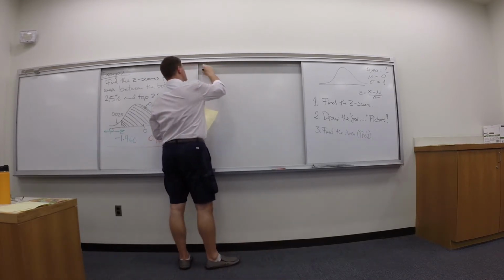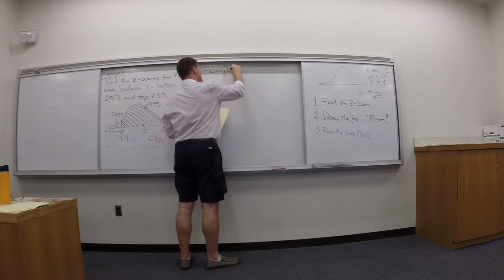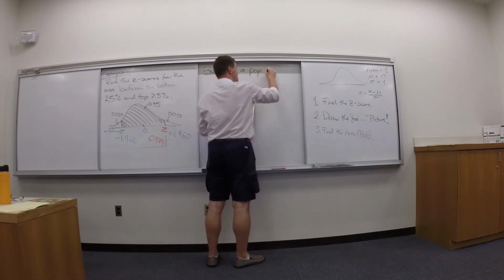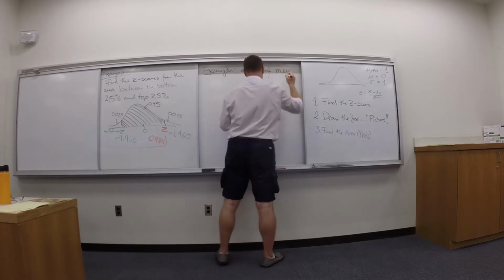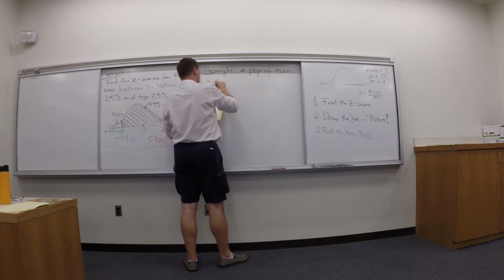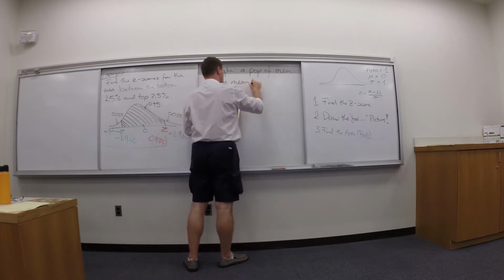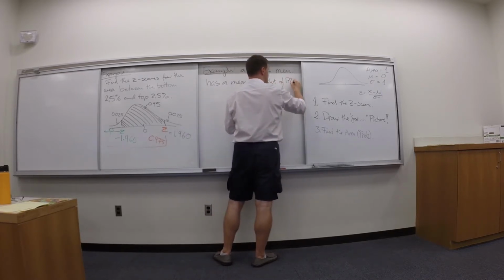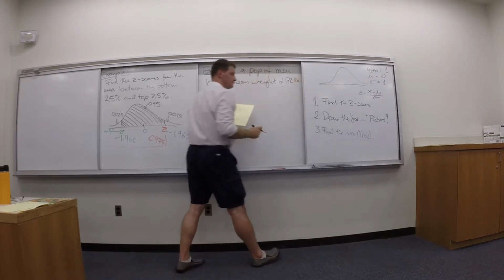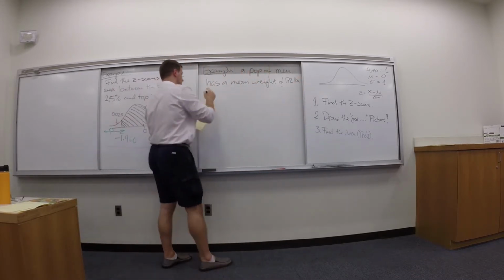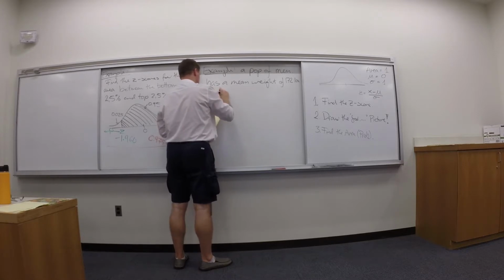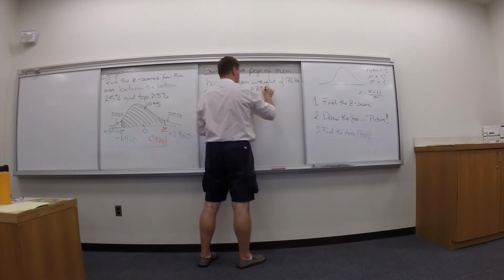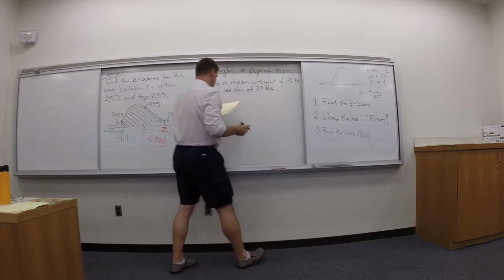Okay, example. A population of men has a mean weight of 172 pounds and a standard deviation of 29 pounds.